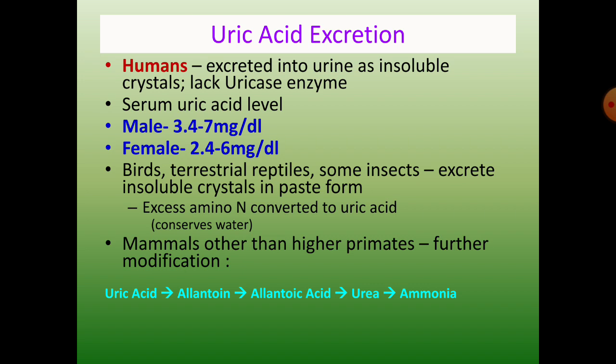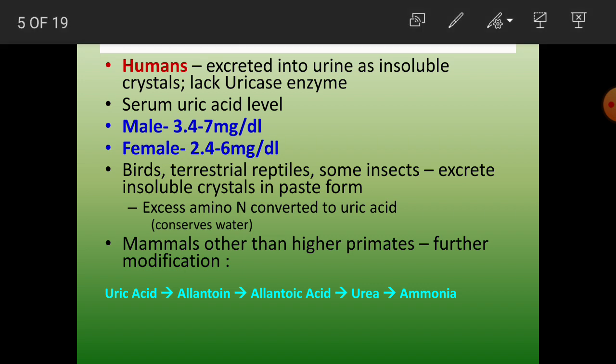If we measure the blood level, this uric acid level that I am talking about is about the blood level. In males it is 3.4 to 7 milligram per deciliter, whereas in females it is 2.4 to 6 milligram per deciliter. But truly speaking, these levels are a little less for the Indian population, because I have worked upon this.